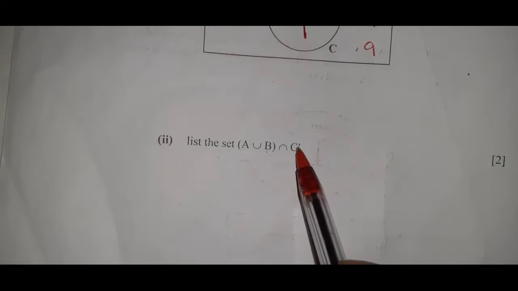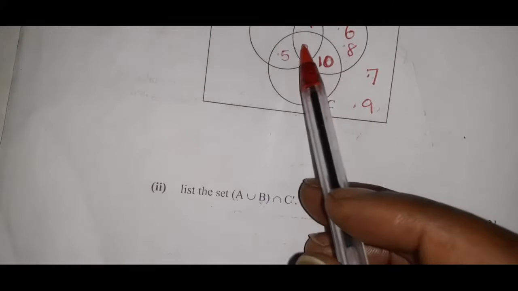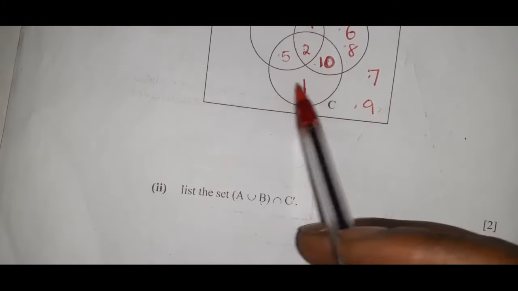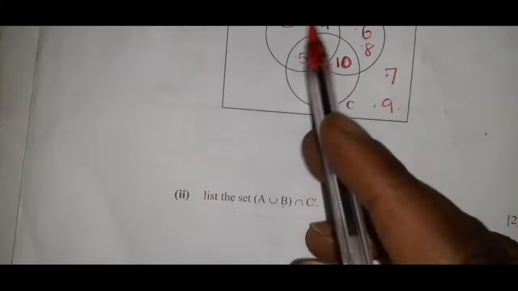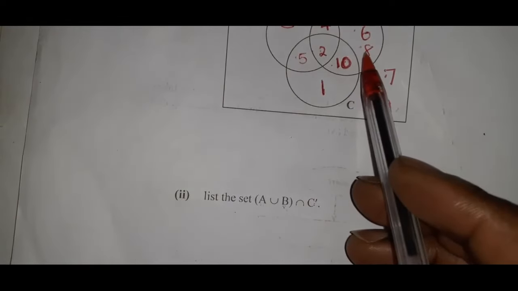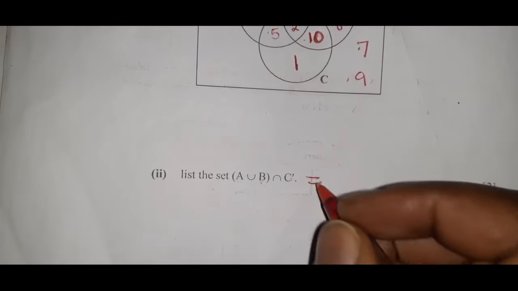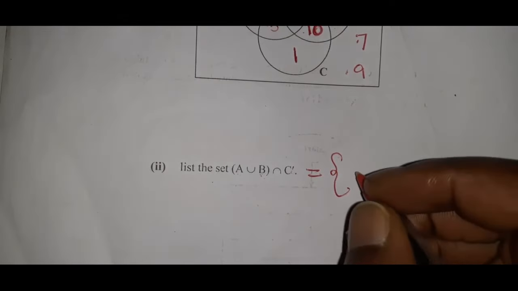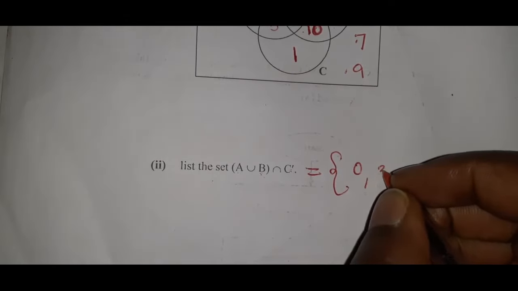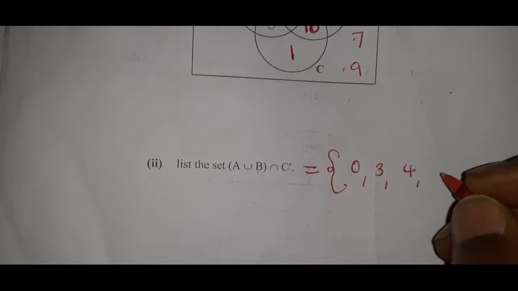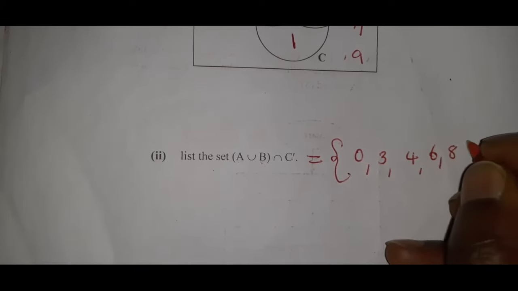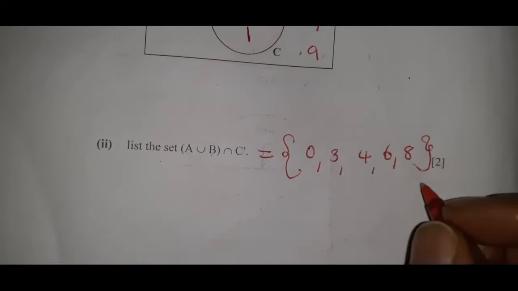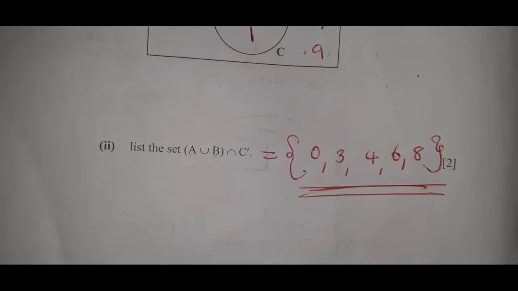But because we have C complement, we remove these ones that are found in C. So this is equals to 0, 3, 4, 6, 8. This is what we're going to have here.